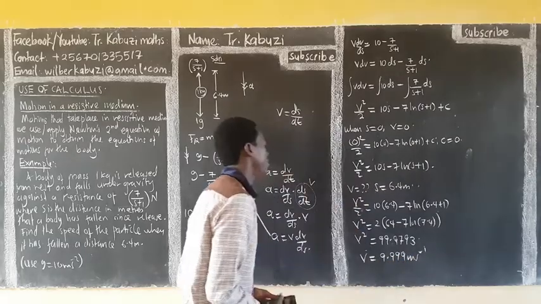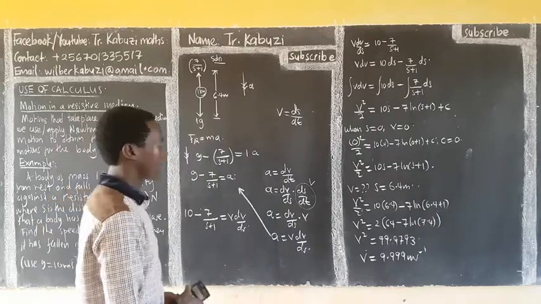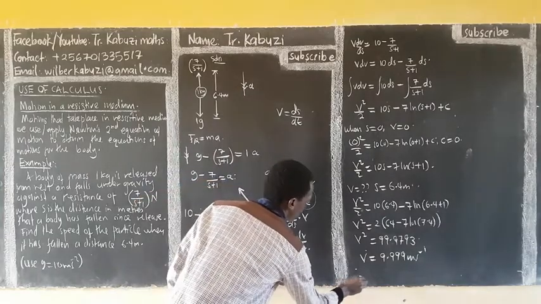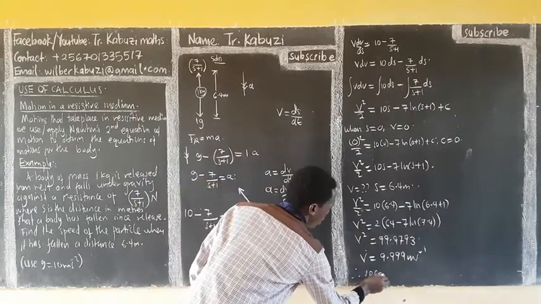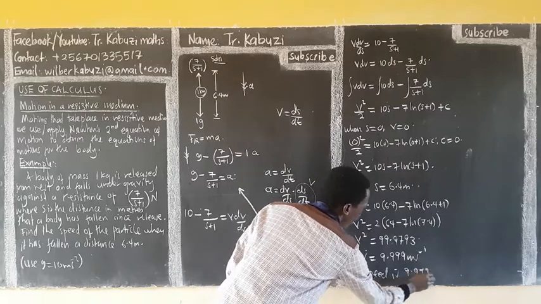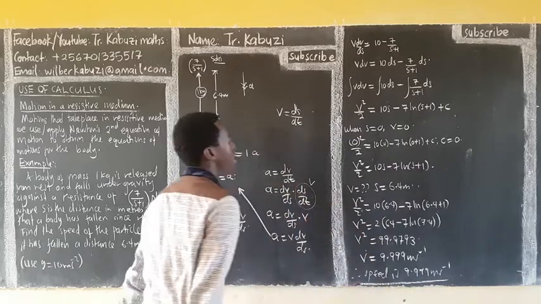This is our velocity, but since all the quantities we are given are scalars, it's going to be our speed. So therefore, our speed is 9.999 meters per second. And so that will be our answer.